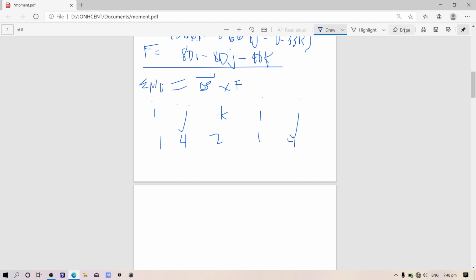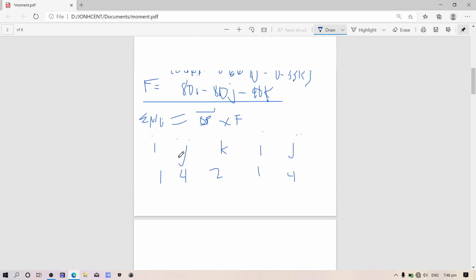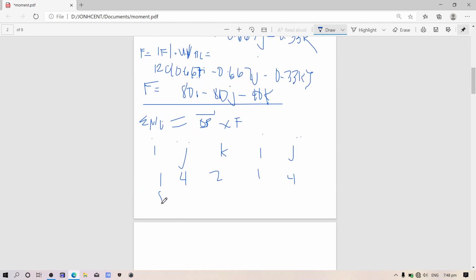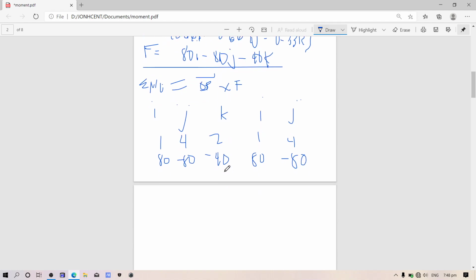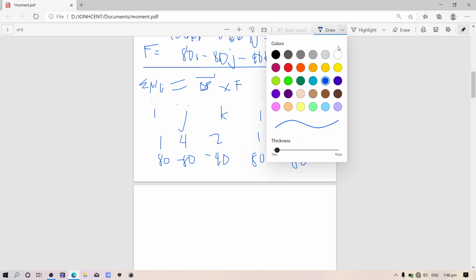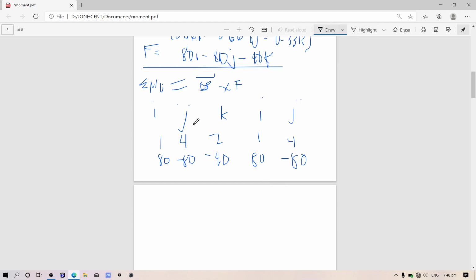Then we have sunod is yung F. Ito, si 80i minus 80j minus 40k. Okay. So, the Cramer's rule is done by this. Okay. Sabayin ko lang yung kulay, ha. So, mangyayari dyan ay ito.